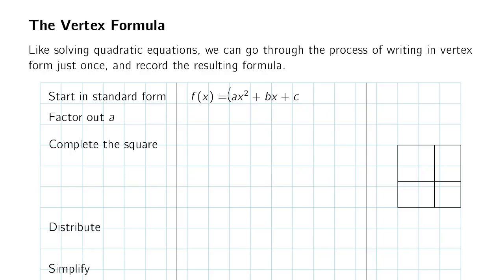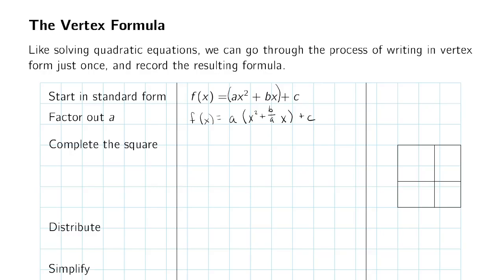And as our first move, we're going to group the two variable terms and factor out a. So we'll have f of x equals a times, and then we have x squared in the first term, and then b divided by a times x.